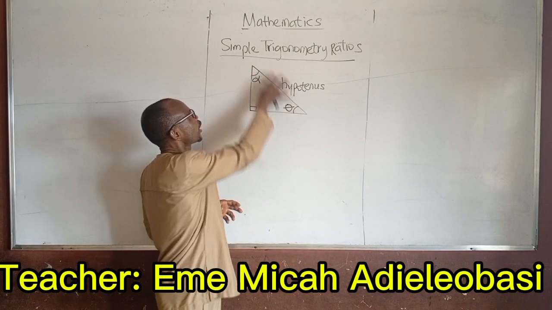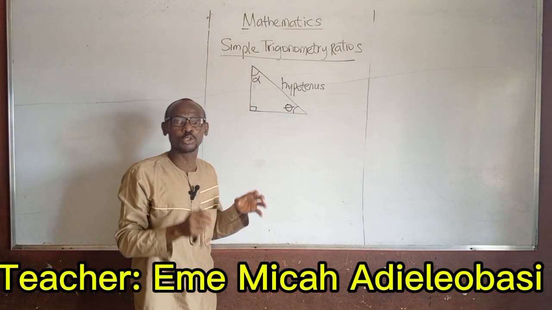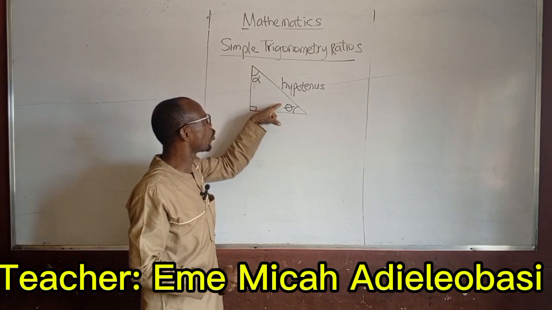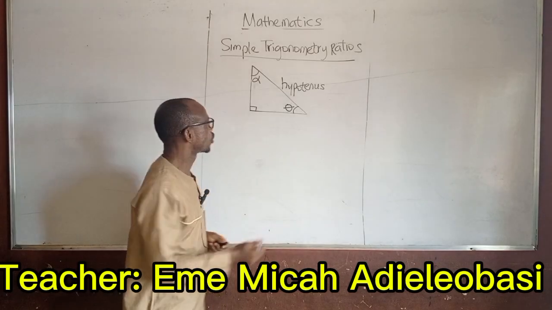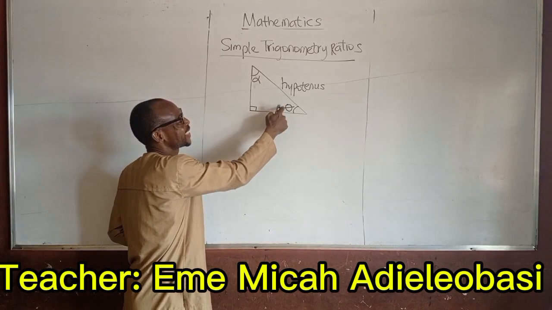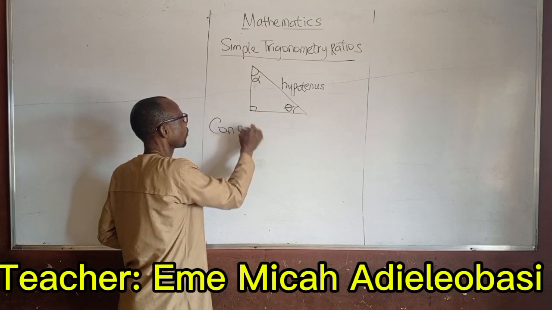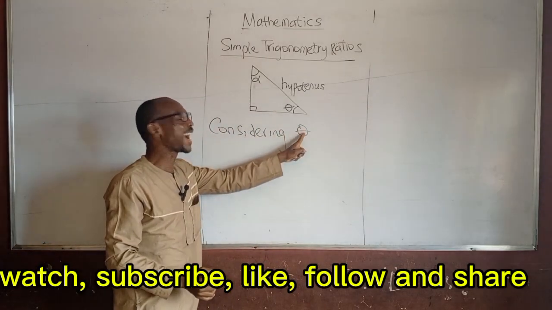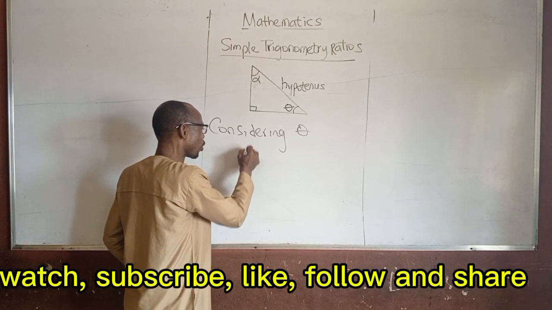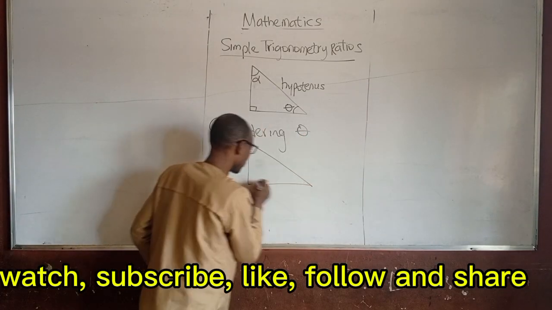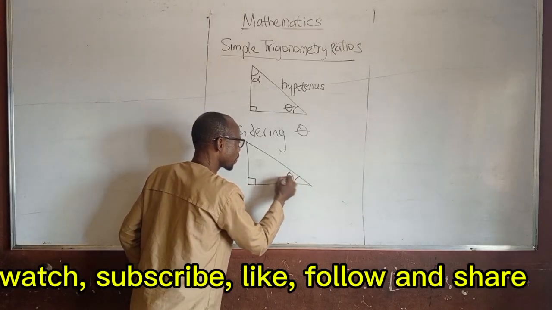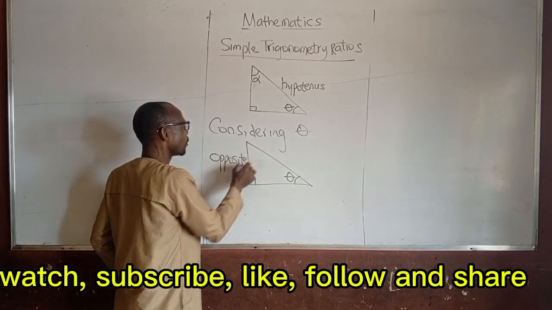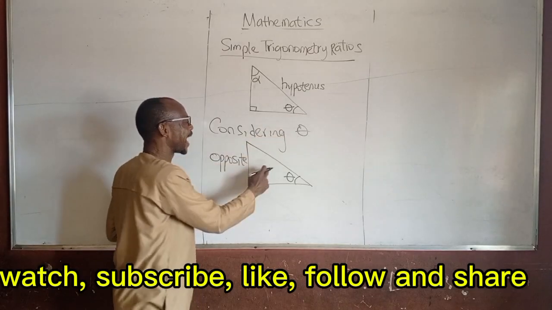So if we want to redraw this triangle now, for us to know which side be the opposite, we will consider which angle we dey talk about. So when we want to consider this angle theta now, I go redraw this now. This side now, we go call am opposite, because na im dey opposite to the theta.